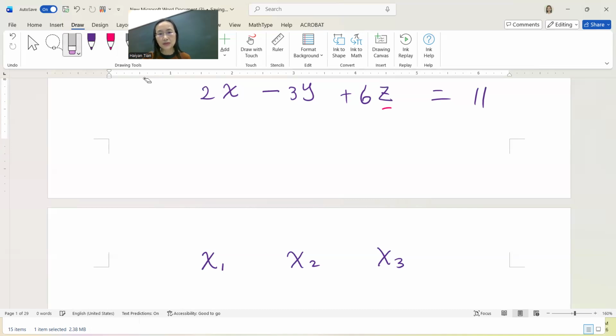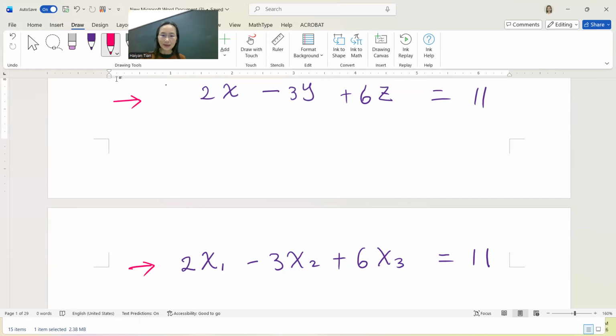And the same equation, the above equation, can be written as 2 times the first variable minus 3 times the second variable plus 6 times the third variable is 11. So I want to ask you about the two equations. So this one and this one, are they the same equations?